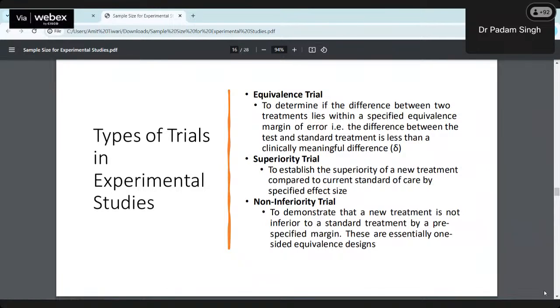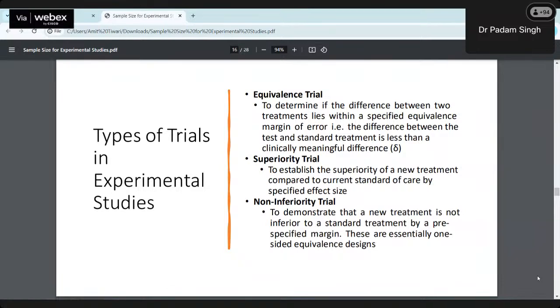And the last is non-inferiority trial. Many times what happens is the diagnosis is very costly or the treatment is very costly. Somebody comes out with a cheaper one, but it is somewhat inferior. So if we say कि भाई cost reduction इसका 1/4 है, and that 1/4 we will accept the outcome if it is inferior by that pre-assigned value.